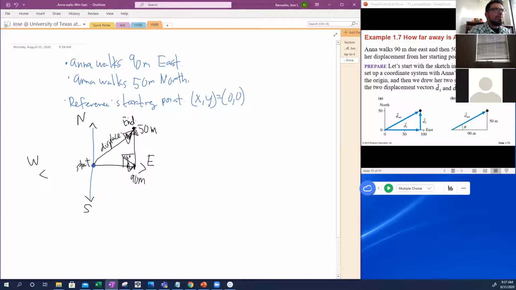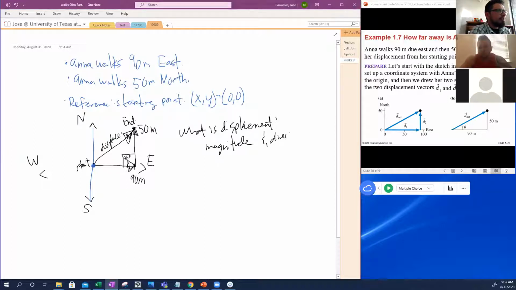In this question, they're asking what's her displacement from the starting point. So the goal is to find the displacement. And remember, there are two parts to it: one is magnitude, and one is direction. To get the magnitude, the easiest thing might be to use the Pythagorean theorem.